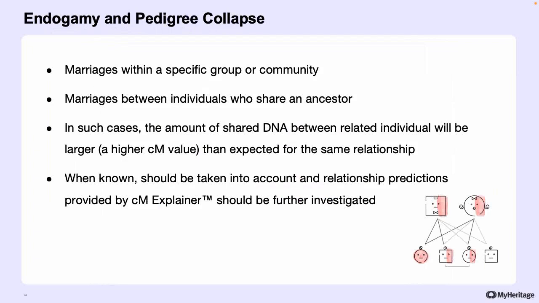Now, I can tell you that because a lot of Ashkenazi Jews are tested within MyHeritage, the MyHeritage science team is looking into finding a better solution for this population and a better solution for relationship prediction when there's endogamy.